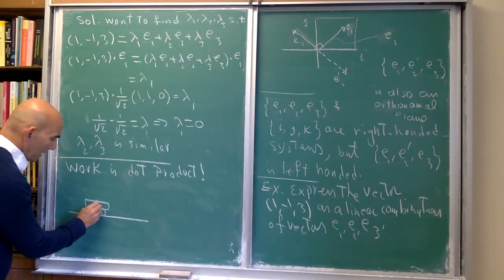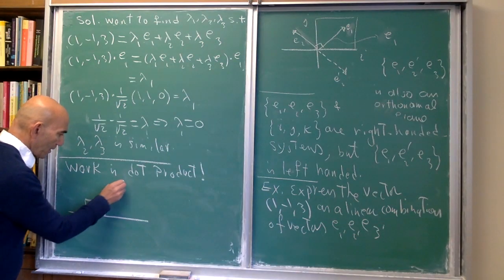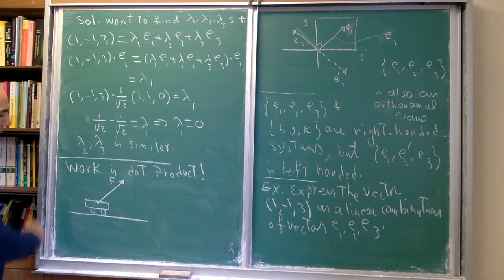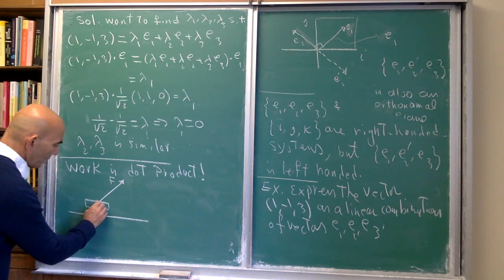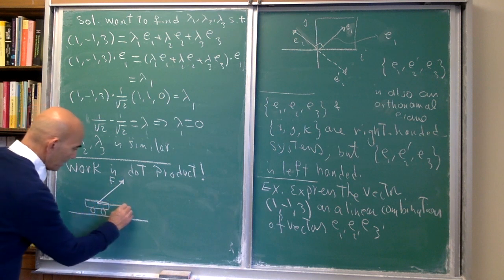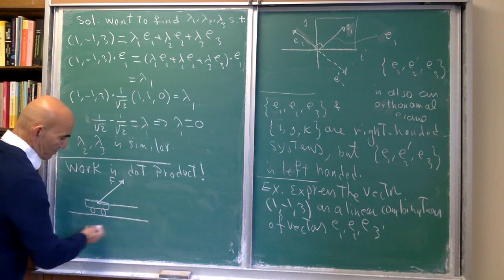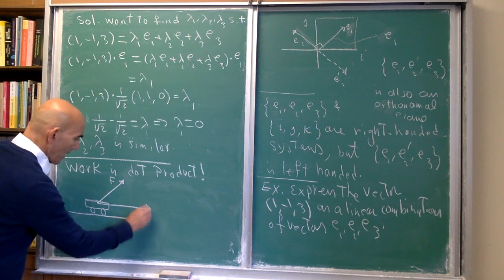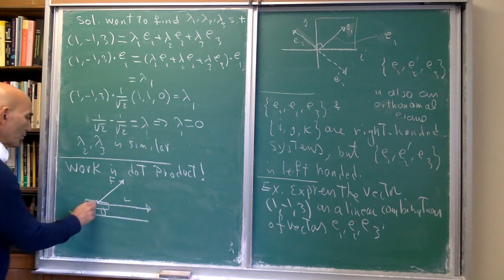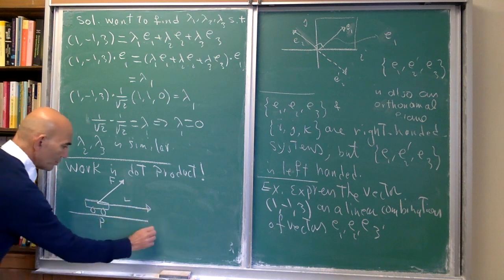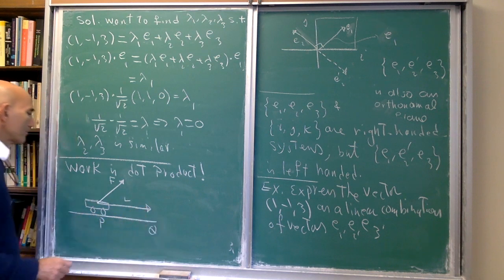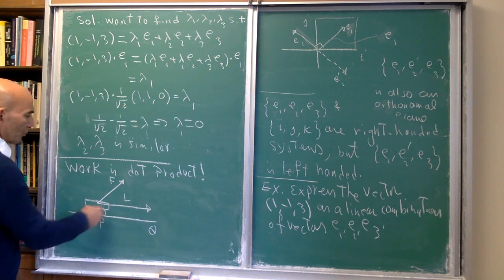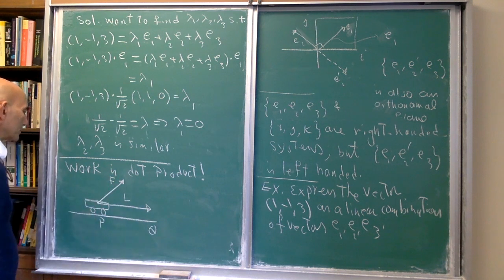And then you have this force F applied to your shopping cart, and you're moving it in a direction, of course, parallel to the ground, by the amount L, vector L. So you're moving from P to Q. So you get a vector L. That's how much you have moved your shopping cart with force F applied in this direction.